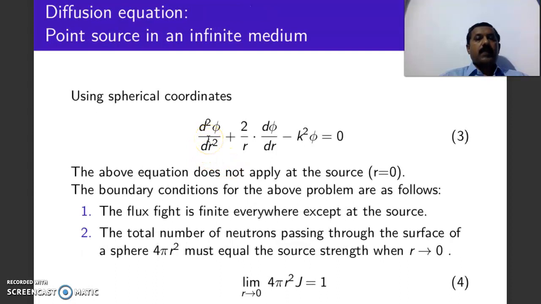To solve this wave equation, we are applying this to a point source in an infinite medium. We have a point source and the medium is infinite. Then the most suitable coordinate system to solve this problem will be the spherical coordinate system. In spherical coordinates, you know that the flux will be the same in all directions. That means there will be no theta and phi dependence. It is enough if you take only the r variable.